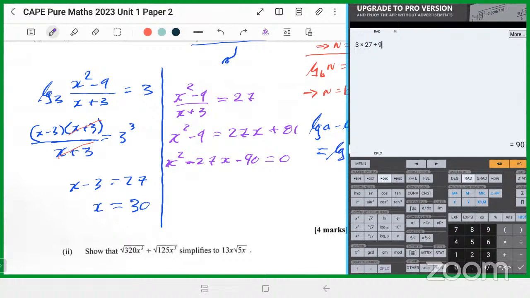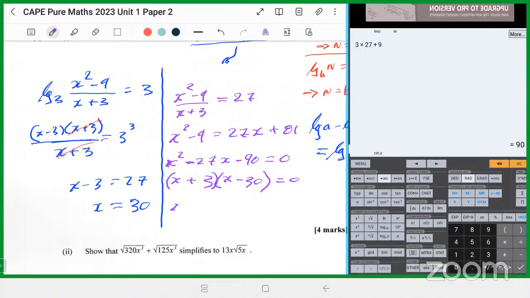That's 30 and 3. See, it's true, I eliminated an answer that I should not have. So it should be x and x, 3 and 30 for 0. Now the signs are different, so you will get one minus here and plus here. So we'll get x equals -3 from this factor.